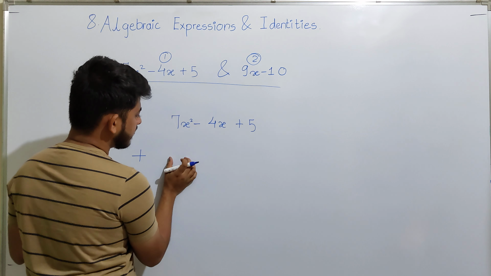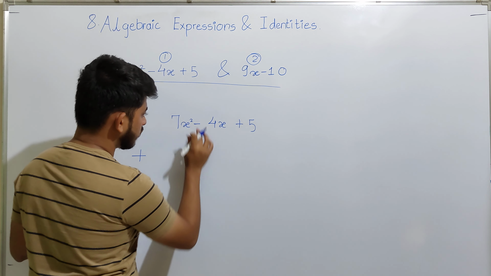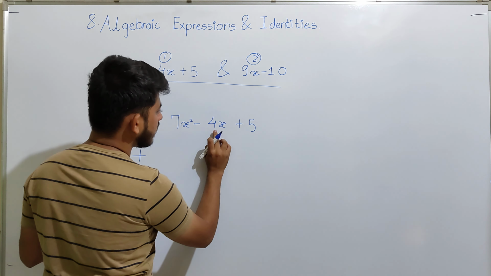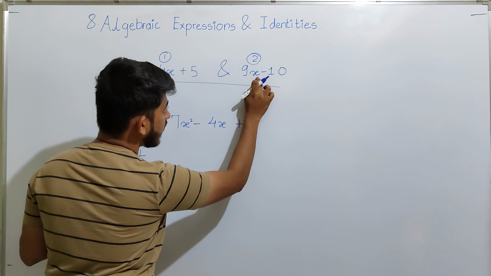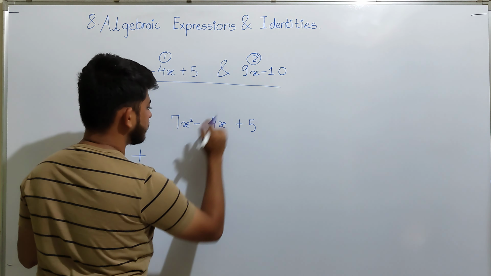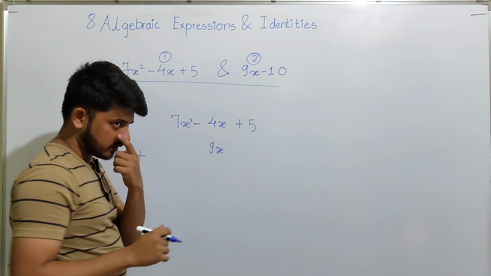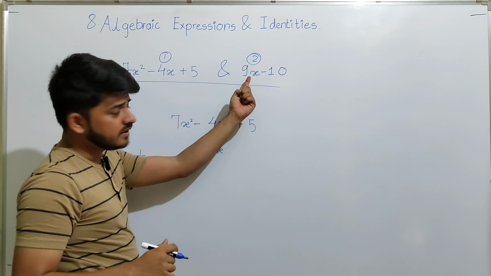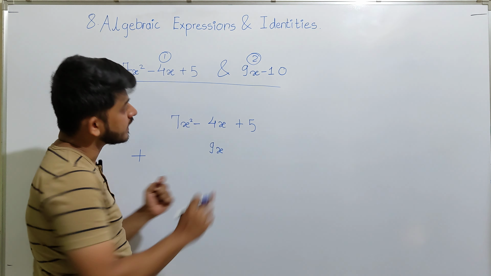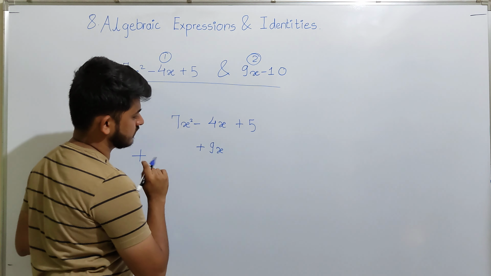Now is there any x square over here? No. So keep it blank. Below this, do you have x? Yes, we have x. We have minus 4x over here and 9x over here. So write 9x. By default, in these expressions they have given that 9x is positive, so you need to write plus.